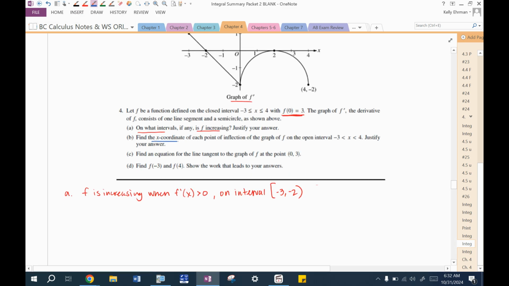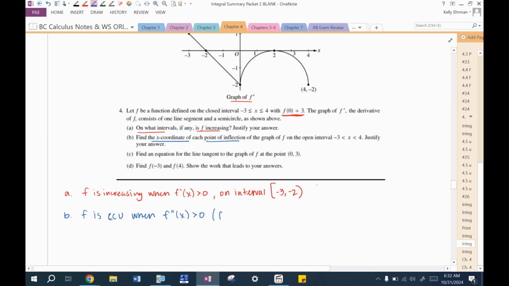For part B, find the x coordinate of each point of inflection of f. Justify your answer. So again, I'm going to start with the justification. So f is concave up when f double prime of x is greater than 0. What does that mean, though? Because we have an f prime graph, we don't have f double prime.